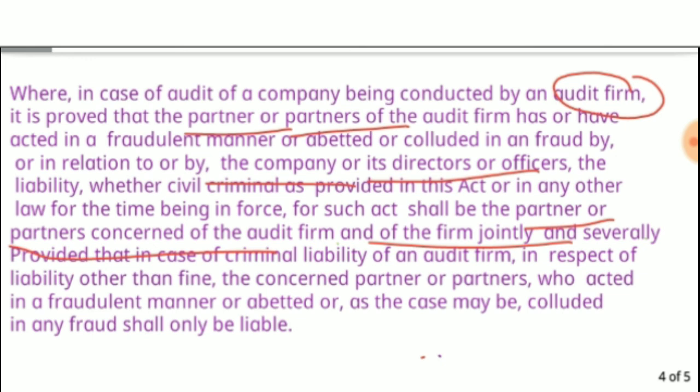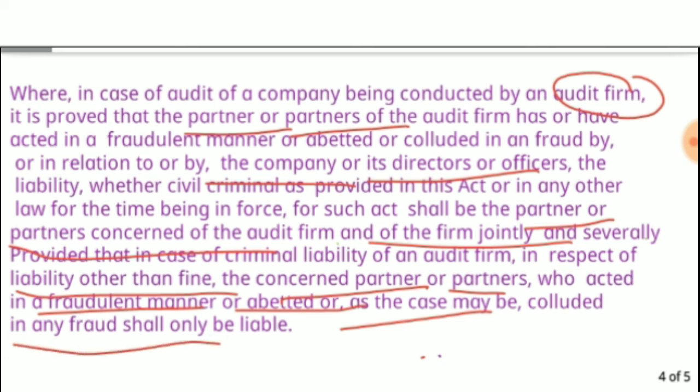Provided that in case of a criminal liability of an audit firm in respect of liability other than fine, the concerned partner or partners who acted in a fraudulent manner or abetted or colluded in any fraud shall only be liable.